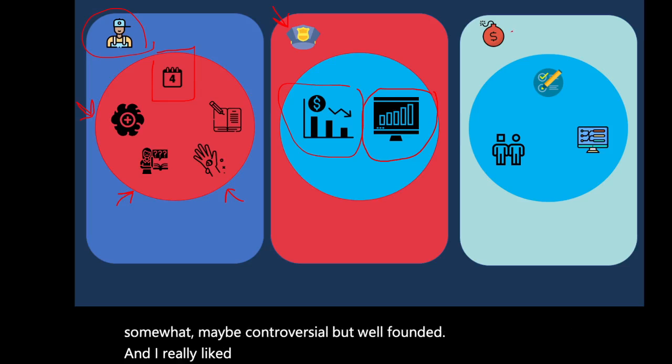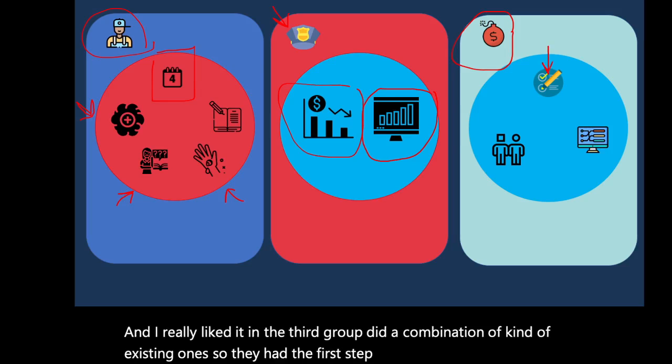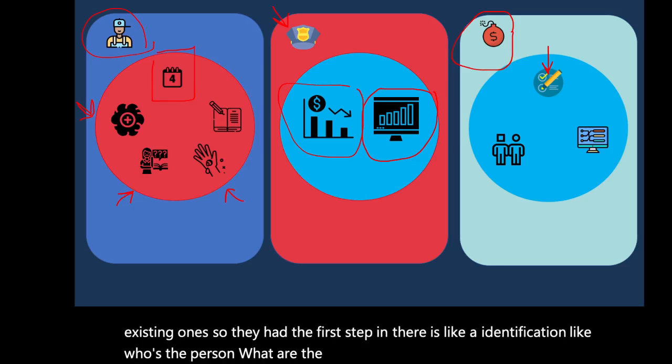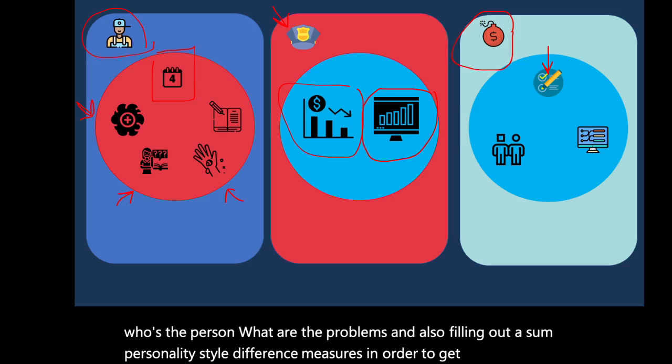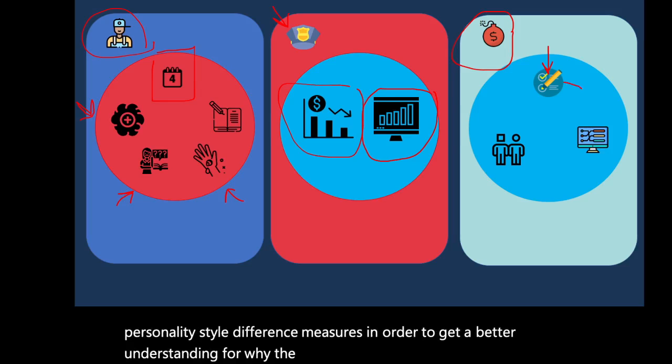The third group did a combination of existing ones. So the first step in there is an identification: who is the person, what are the problems, and also filling out some personality style difference measures in order to get a better understanding of why the person might be in that situation. The second step was a classic in debt reduction.